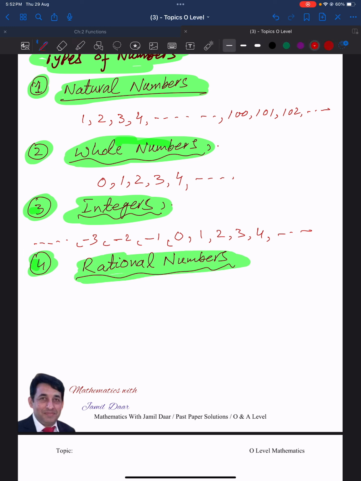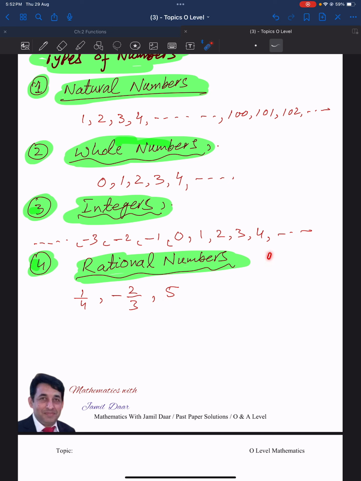So it could be negative, it could be positive, it could be a whole number, like this is 1 over 4, it's a fraction, minus 2 by 3, it's rational, 5, it's rational because it has the denominator 1, so it can be written in P over Q form.